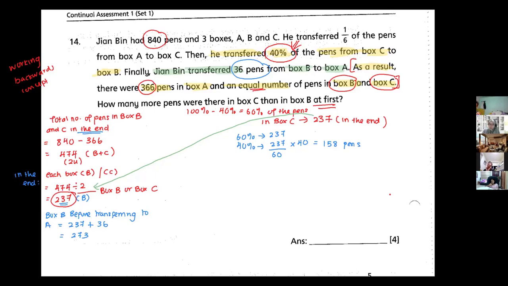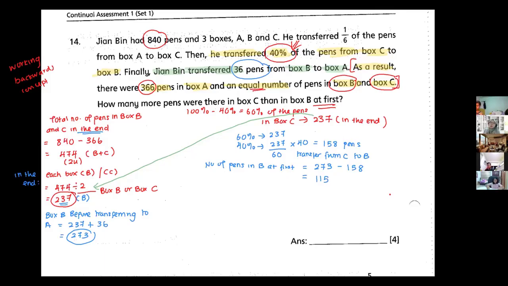This 158 pens is the 40% that I transferred from C to B. So right now, from B, we have 273. So the number of pens in B at first equals 273 minus 158. Before I was given from my C, I don't have that 158. So I'm left with 115.